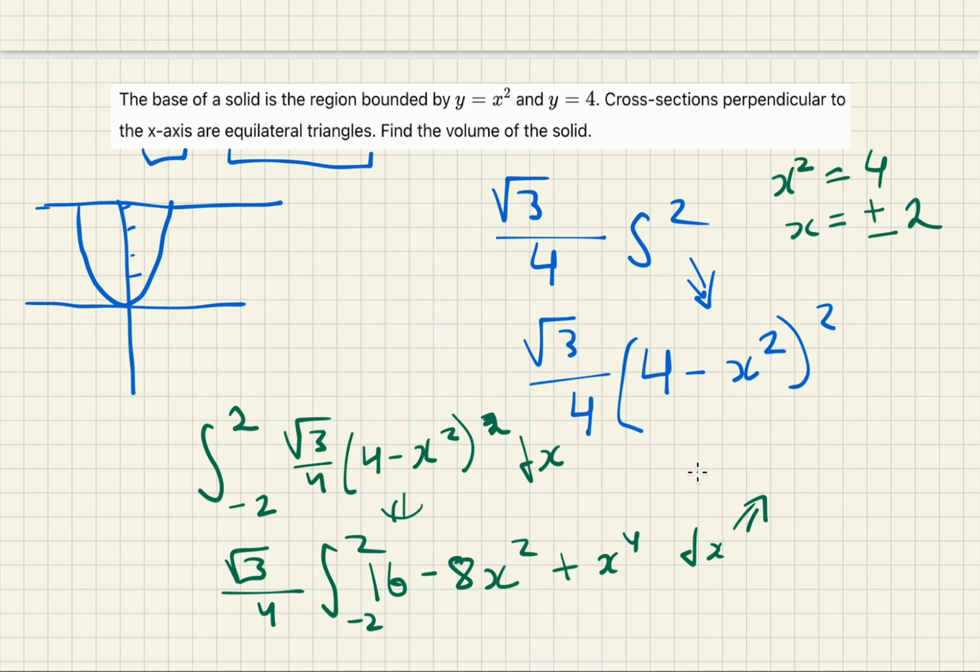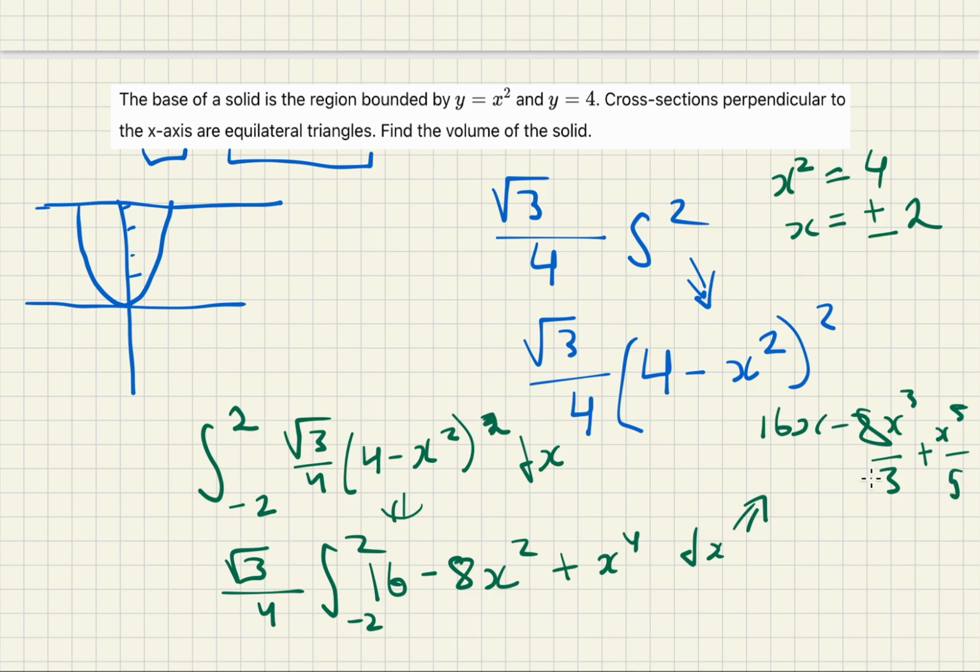And so after doing that, we get 16x minus 8x cubed over 3 plus x to the power of 5 over 5.